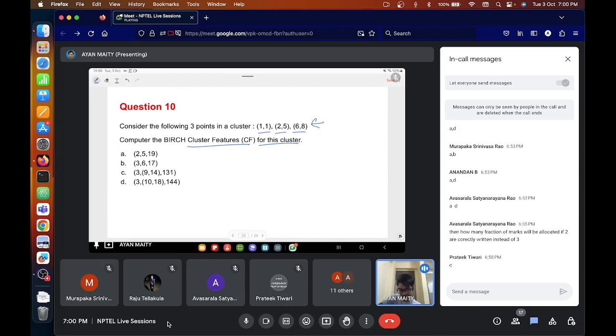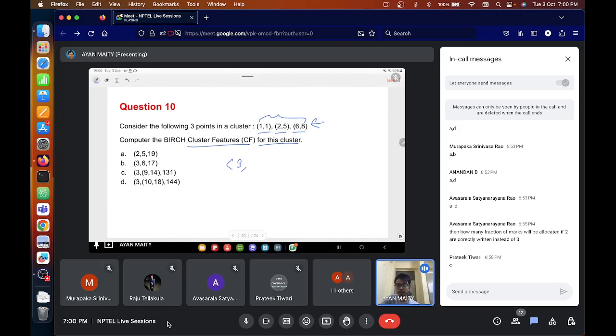So the cluster feature is a 3-tuple where the first element is the number of points in that cluster. There are 3 points in that cluster, so in the 3-tuple, the first element would be 3. The second element is simply the vector sum of all the points in that cluster. There are 3 points (1, 1), (2, 5), (6, 8).